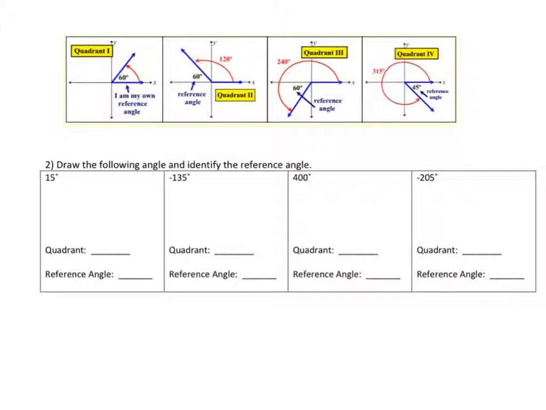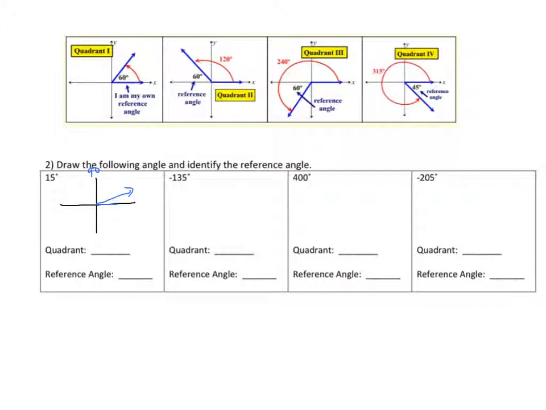For our level 1 practice, you're going to be asked to draw angles with certain measures and also give their reference angle. So a 15-degree angle: first we're going to start with our x and y axis. Remember that a 90-degree angle would be up here, so 15 would be about like that. And we're sort of estimating, but you want to give a pretty good estimate.